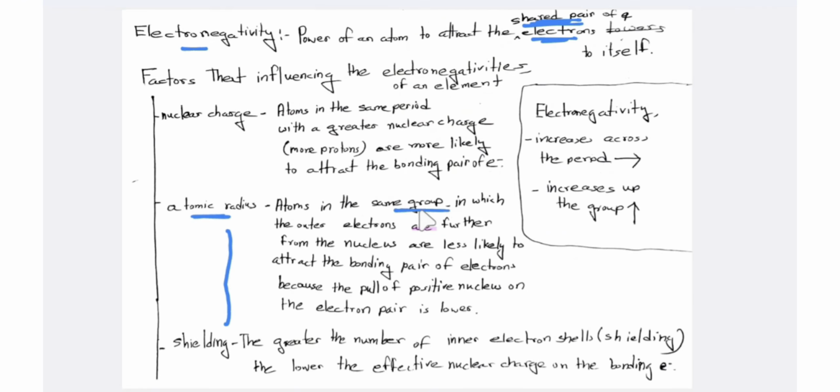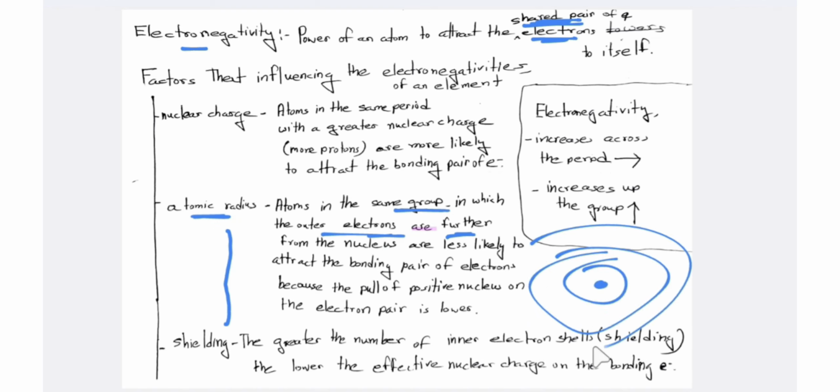That means atoms in the same group with bonding pairs of electrons that are further from the nucleus are less likely to attract the bonding electrons, because the pull of the positive nucleus on the electron pair is lower than in an atom that has its bonding pair closer to the nucleus.